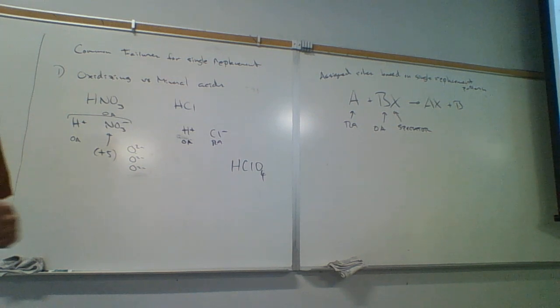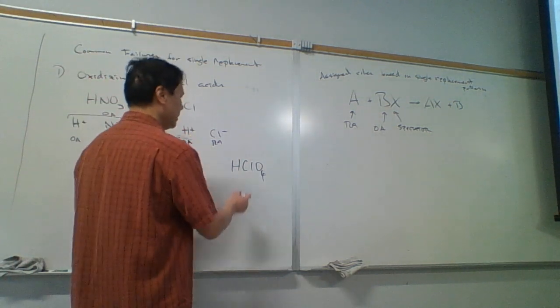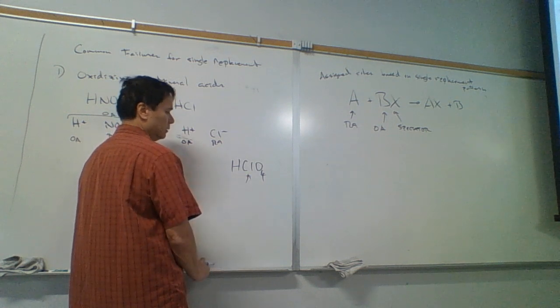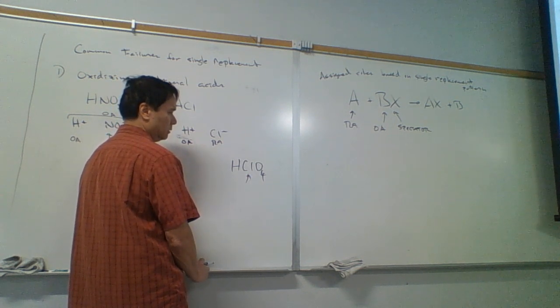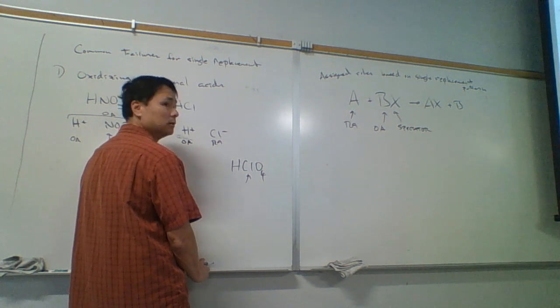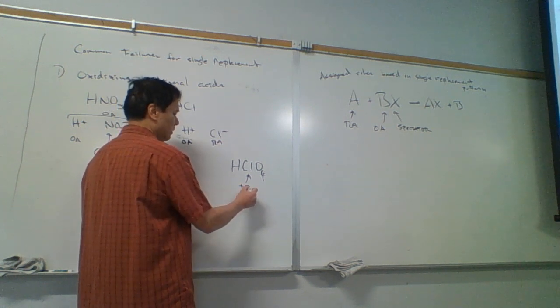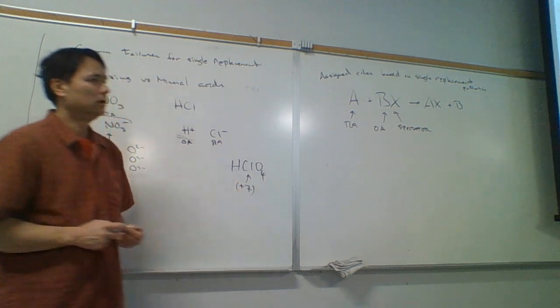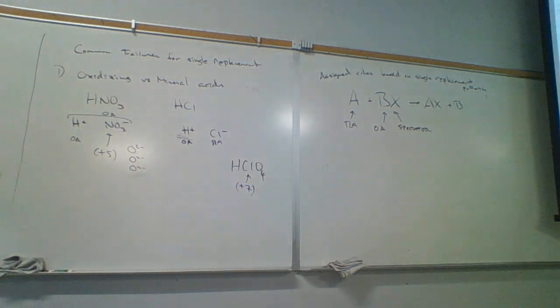It's an oxidizing acid. What's the oxidation state of chlorine here? +7, good. +7 is very high. This is going to be a very dangerous acid. It's a strong acid, but potentially more dangerous than that, it's a powerful oxidizer.